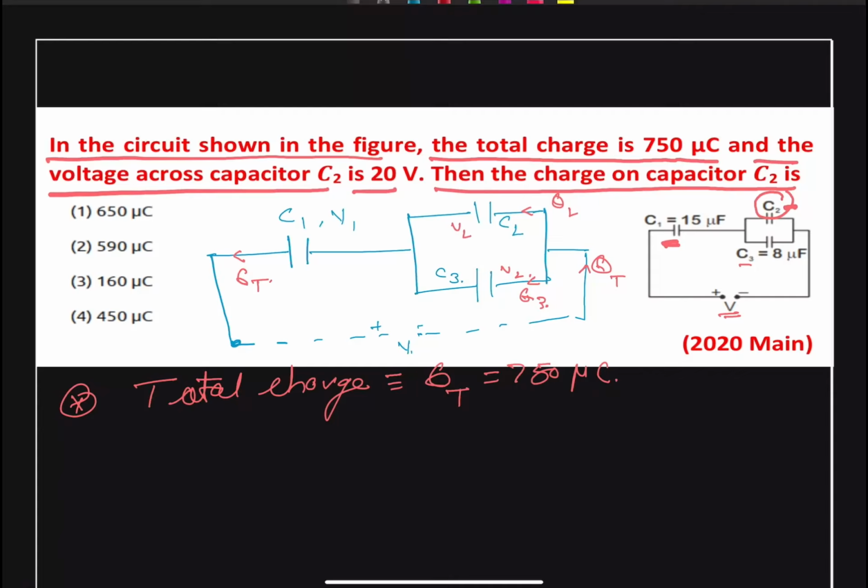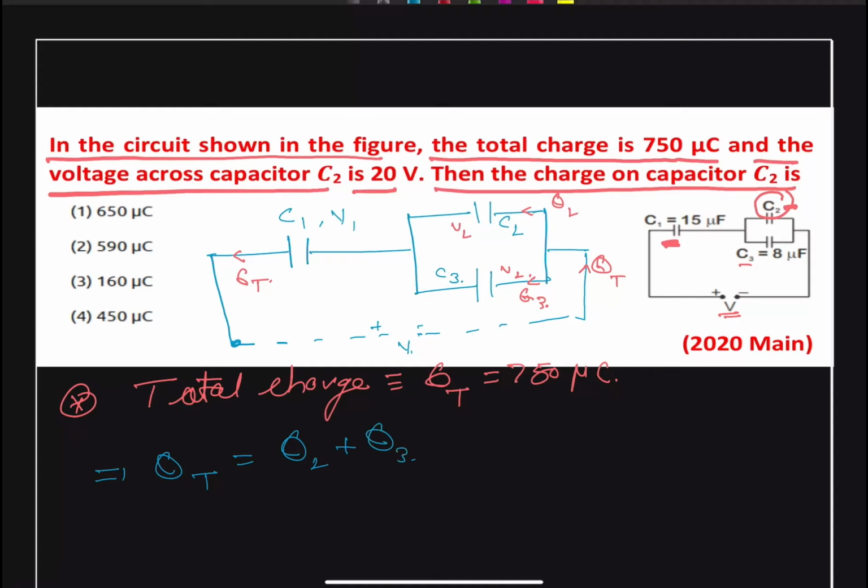So we can use the node equation for charge conservation, and based on this we can write that QT will be equal to Q2 plus Q3.